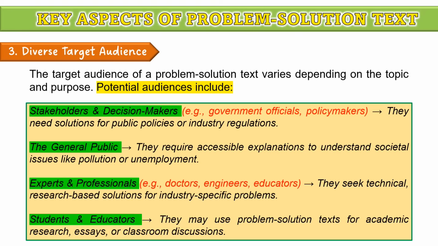Experts and professionals, for example, doctors, engineers, educators. They seek technical, research-based solutions for industry-specific problems. Students and educators. They may use problem solution text for academic research, essays, or classroom discussions. Tailoring the language and complexity to the audience ensures better comprehension and engagement.